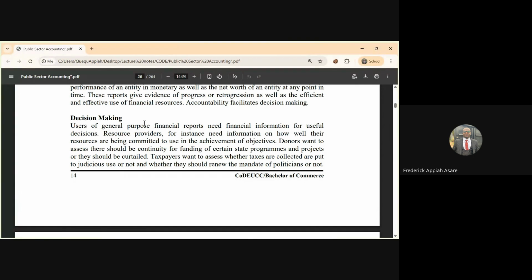So users of general purpose financial reports need the financial information for useful decision making. That is the main thing. For instance, whether the government should continue to pay the debts owed by ECG will be based on the annual report or the financial statements.